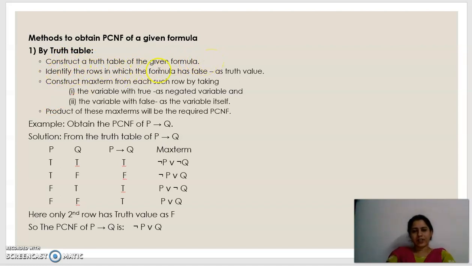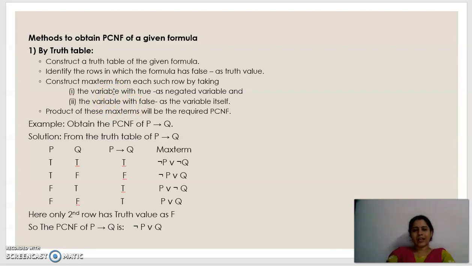Next, identify the rows where we have the false value, not the truth value. In principal disjunction normal form, we consider only the rows which contain the truth value, but here you have to consider the rows which contain the false value. In those particular rows, take the variables and convert the variable values into the opposite ones.